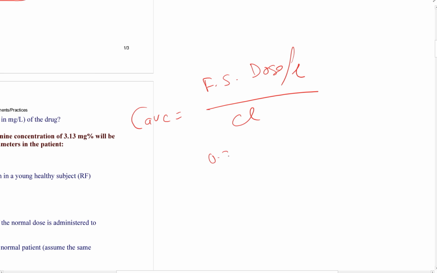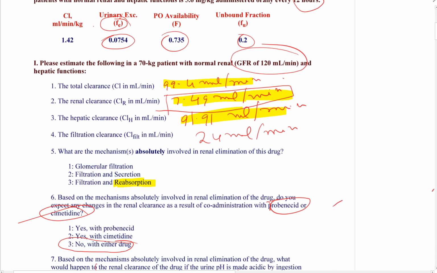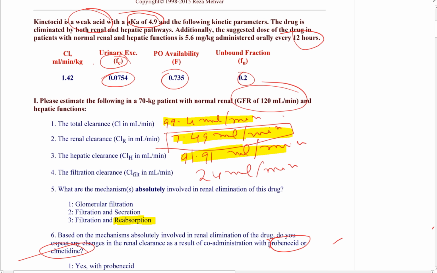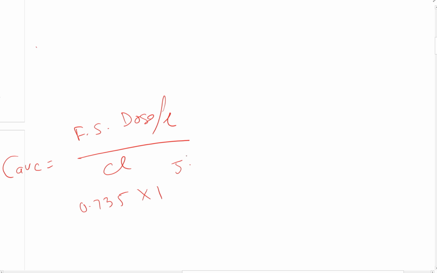F is 0.735, though we will use 1. The dose you have to calculate like this: 5.6 milligram per kilo times 70, every 12 hours, and then convert to minutes.